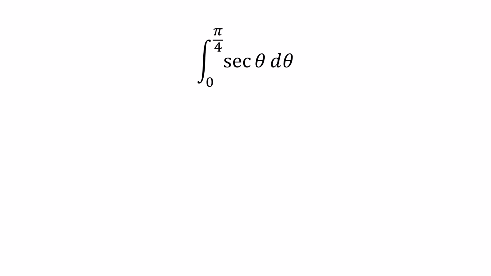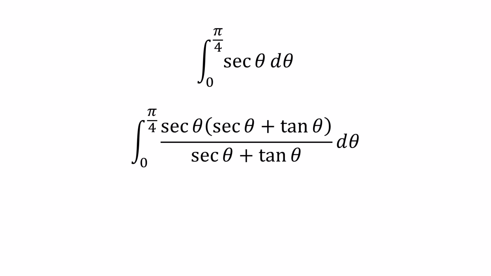Multiplying the numerator and denominator by secant of theta plus tangent of theta, we get the integral from 0 to pi over 4 of secant of theta times secant of theta plus tangent of theta, all over secant of theta plus tangent of theta d theta.